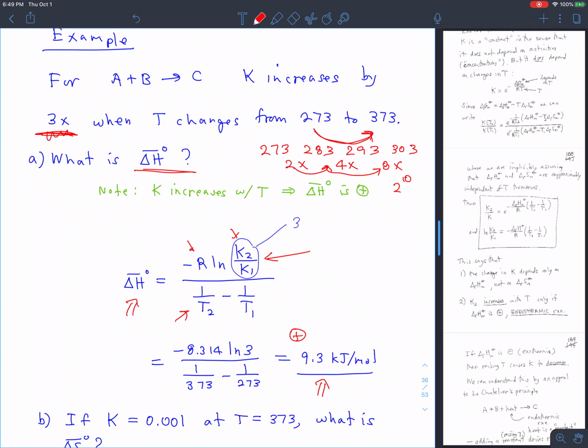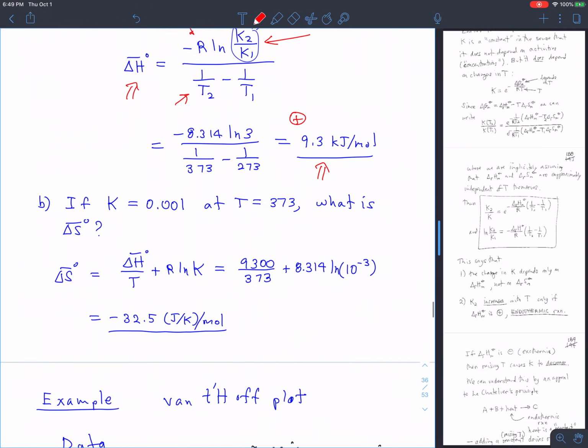What that tells us is that our delta H must be much smaller than the rule of thumb value of 50 kilojoules per mole. And that's in fact what we find. It's only about 9 kilojoules per mole. So now we get maybe hopefully a little bit of a feeling for how big a change in K a given delta H gives rise to.